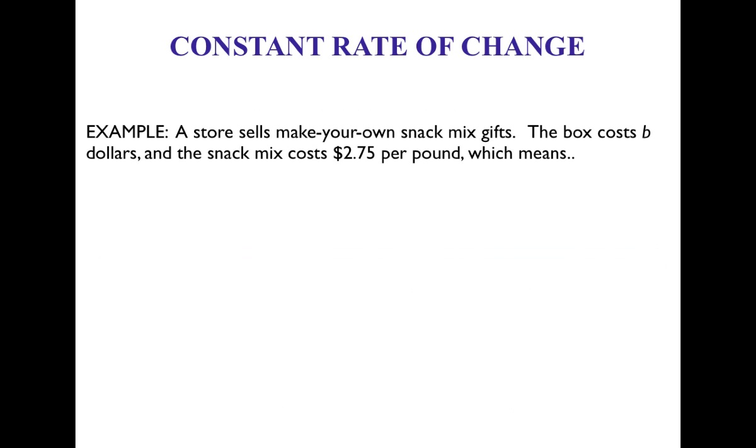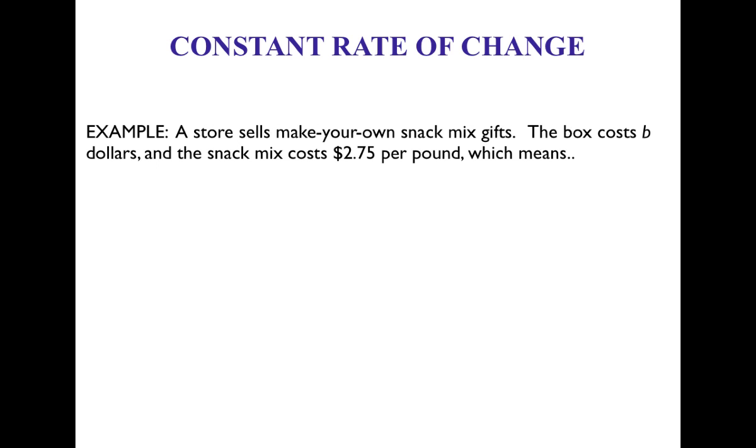Okay, so here's an example. Store sells make your own snack mix gifts. The box costs $B and the snack mix costs $2.75 per pound. Which means what? That the snack mix costs $2.75 per pound means what? Jose, you're being quiet today. What does the fact that the snack mix costs $2.75 per pound mean?